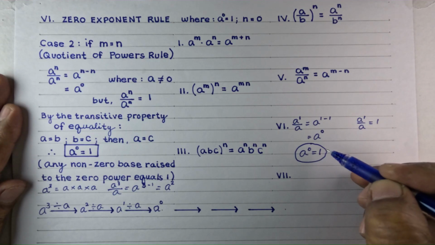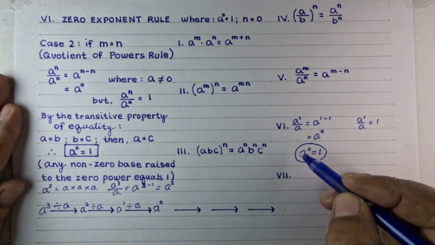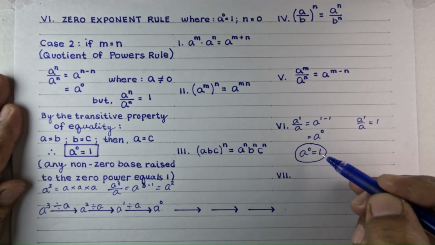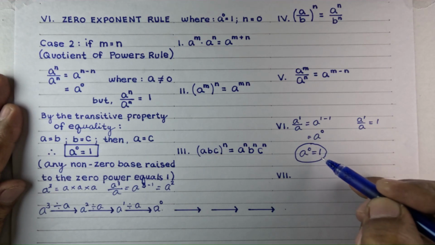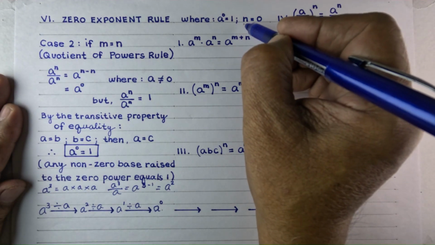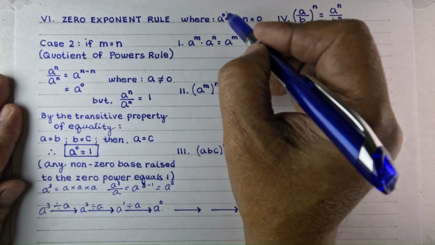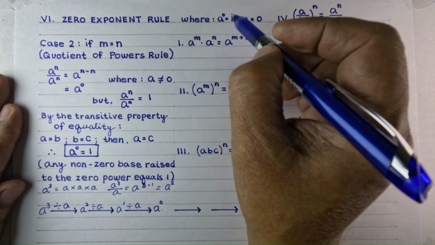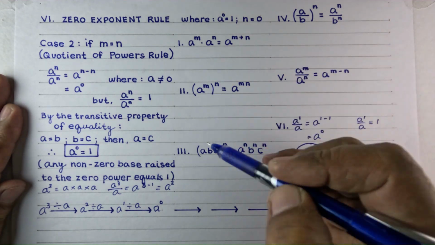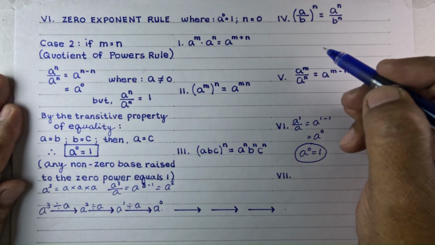So to verify whether this would hold true, when the exponent became 0, they set n equals 0. So they tested a to the 0 equals 1 against all 5 laws of exponents.